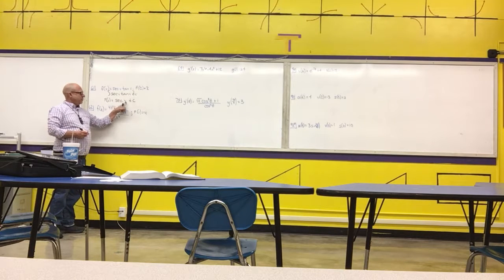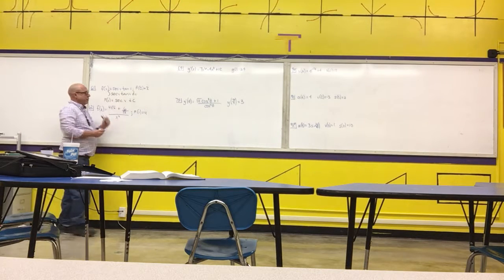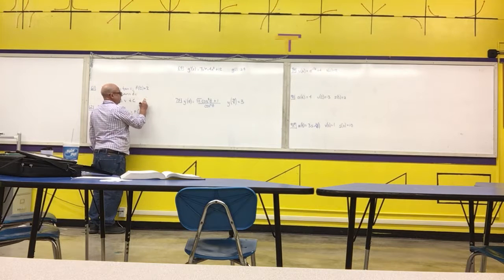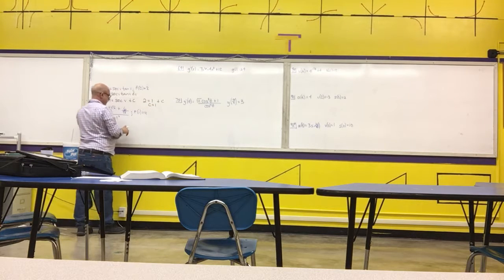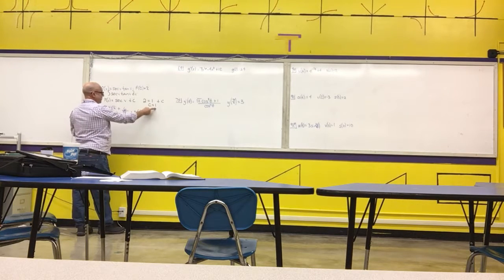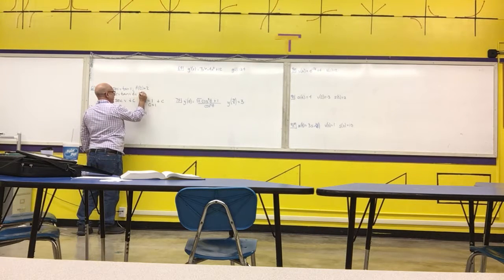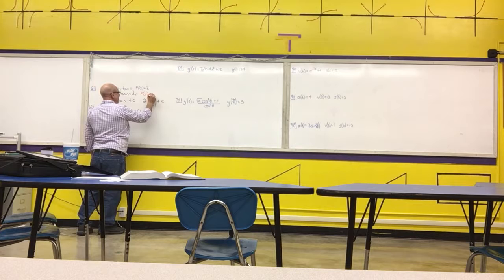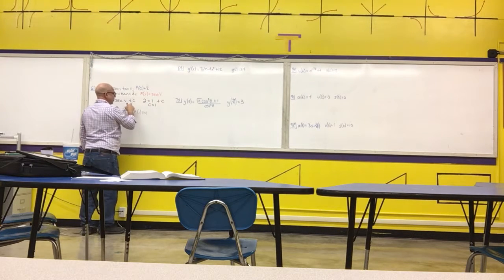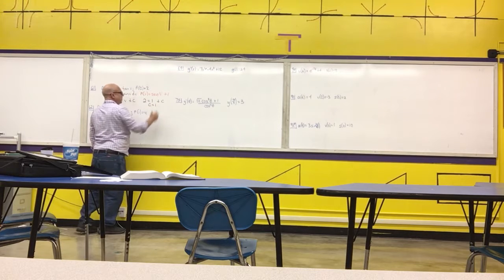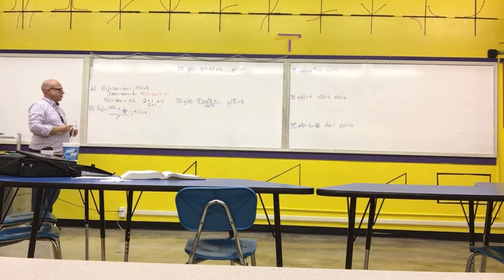So the secant of 0 is 1. So I get 2 is equal to 1 plus C. So C is equal to 1. I'm going to take that fact and write my final answer. F of v is equal to the secant of v plus 1. And now I have the particular solution.